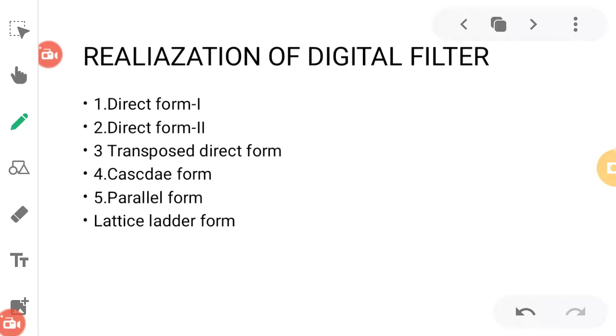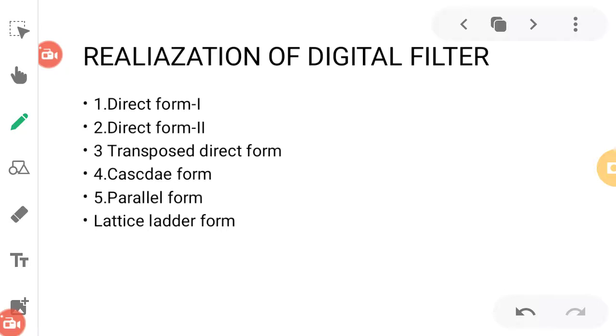To realize the digital filter, we have so many methods. In a recursive type realization, the output y of n is a function of the past output, and past and present input.